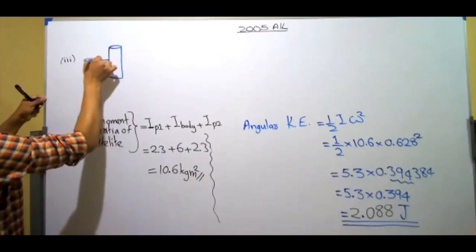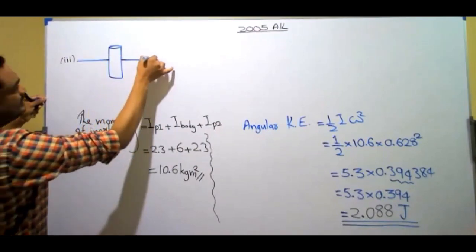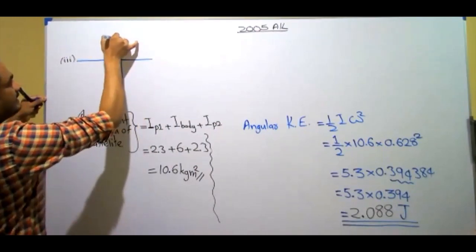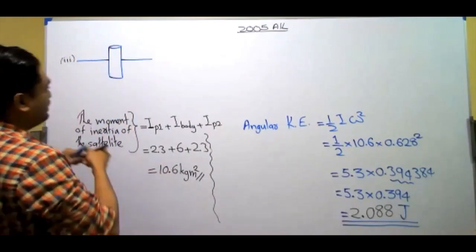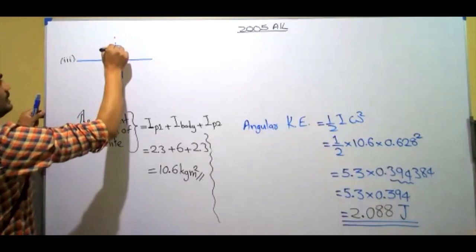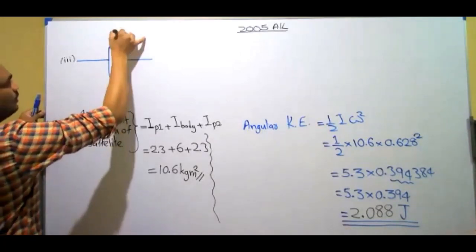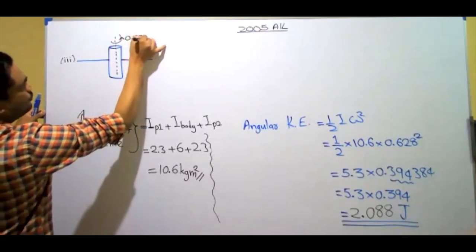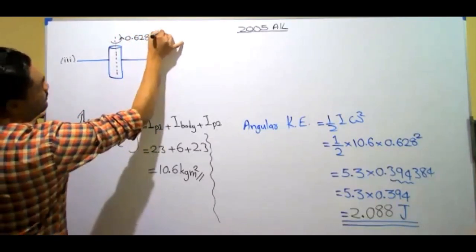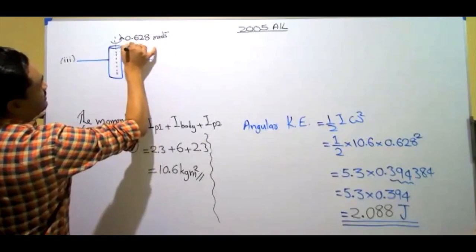And there are two panels. Let me draw it like this. This is enough. And this satellite is rotating about this axis with an angular velocity of 0.628 radian per second. So this is the omega.